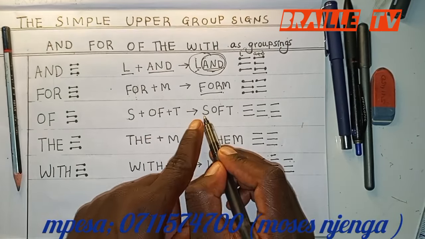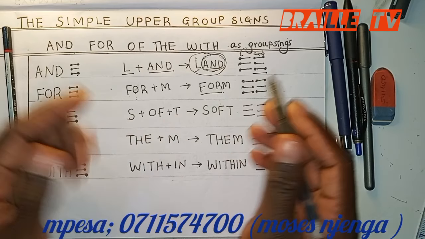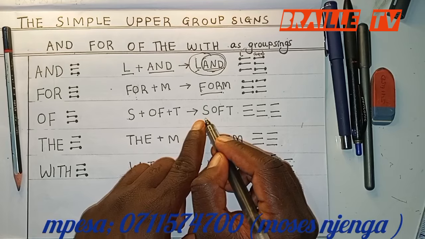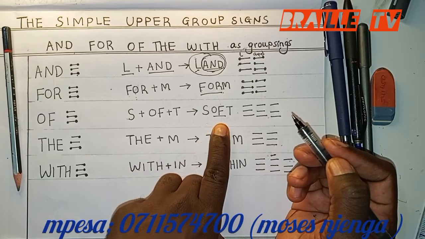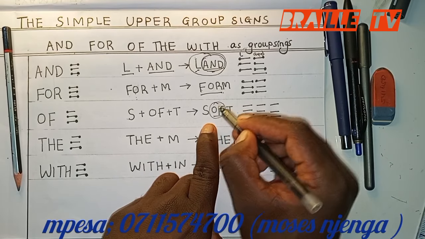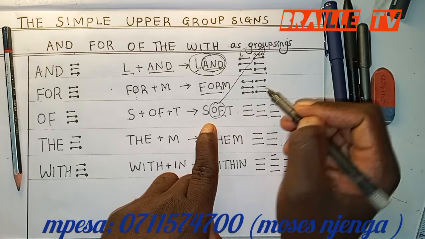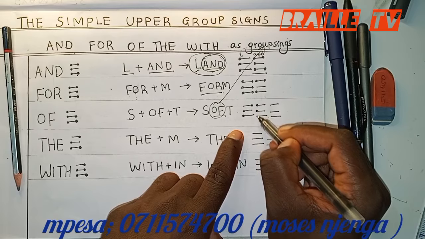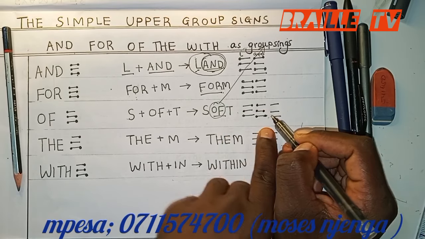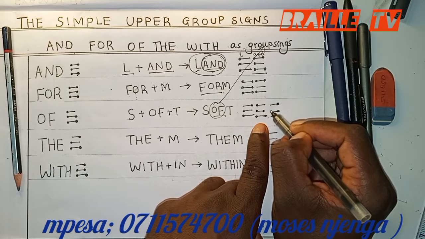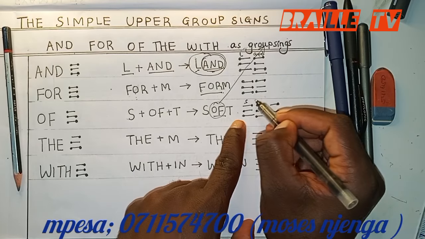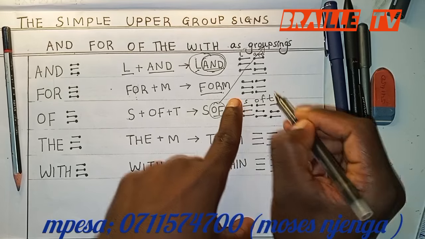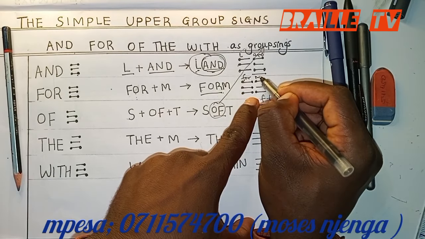So here, letter S, of, and T are brought together to form the longer word soft. But of is contracted. So we write letter S, then we contract of. I said of is written like R plus 6, and then we write T, as simple as that. So this is the word soft. This is of, and then this is T. This is form, and this is land.